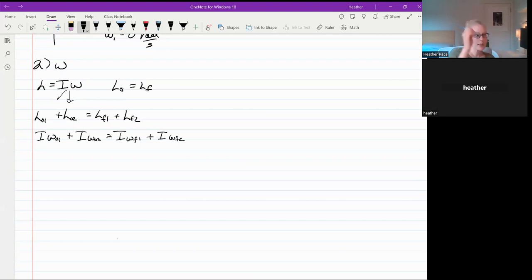we know that initially the top disk isn't spinning. So we can say this goes to 0. And we also know that these two become 1, and omega is going to be the same. There's not going to be 2 omegas.